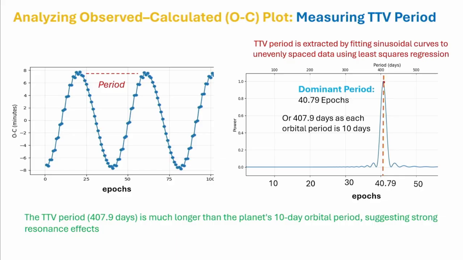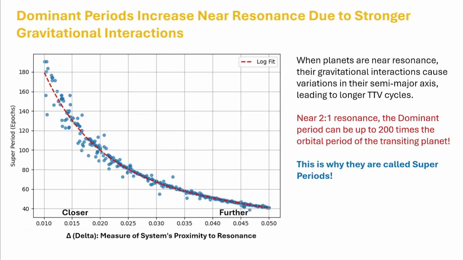And as you can see in the plot right here, I was able to find the dominant period to be 40 epochs. So what this means is that it takes 40 different orbits for the transit timing to go back to the original transit. And this 40 orbits is much longer than the orbital period of the planet itself, suggesting that there's a huge and strong resonance. And let's see more about that in the plot here.